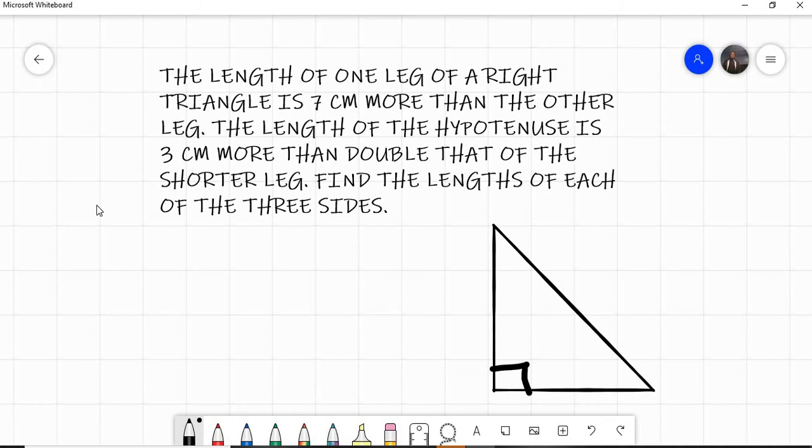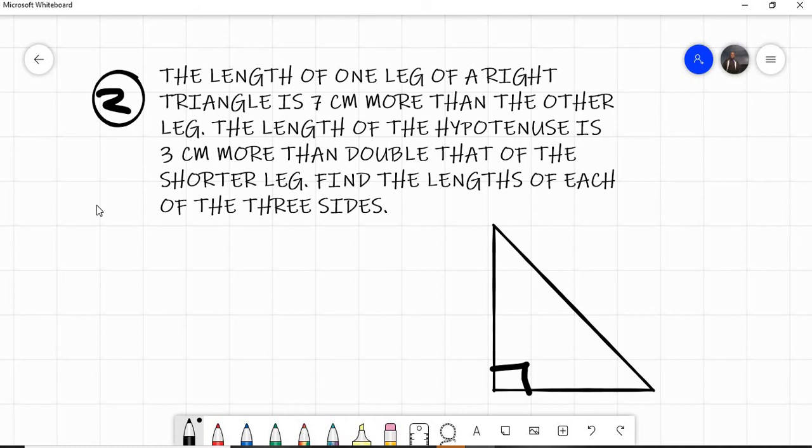So our second example says, example 2 says, the length of one leg of a right triangle is 7 centimeters more than the other. The length of the hypotenuse is 3 centimeters more than double that of the shorter.